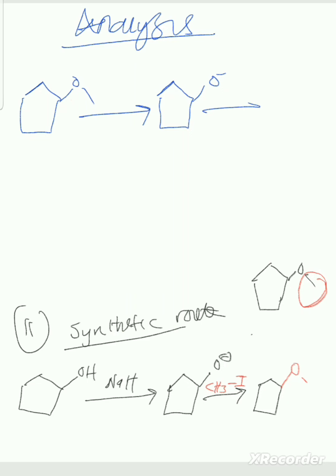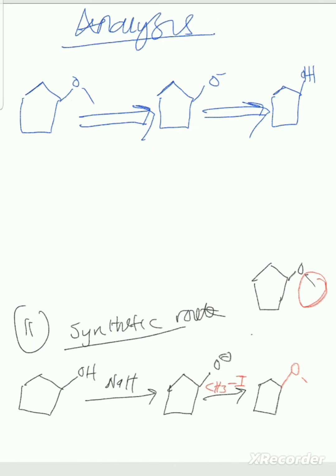After that, we go to alcohol now, like this one, OH like that. Then remember, on the analysis part, you are using double arrows like this. Those are the double arrows that we're using.